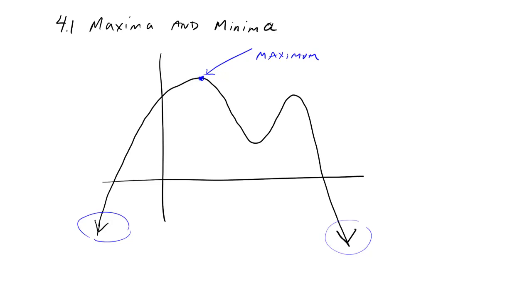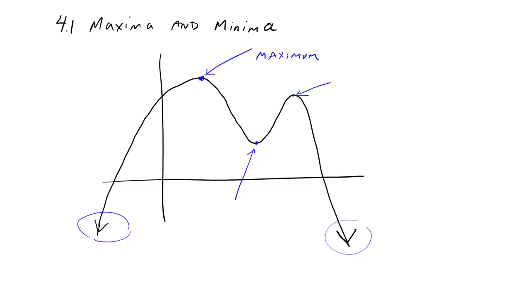Now, interestingly enough, we have these other two points here that aren't absolute maxima, but they seem to be something of interest, and that's the point here and the point here. All right, so what do we make of these? Well, they are a maximum and a minimum for everything that's nearby.